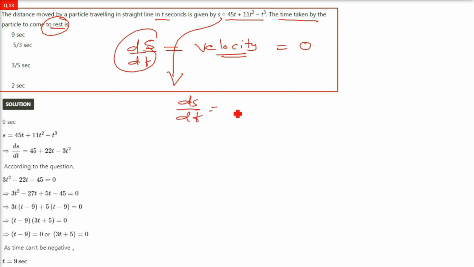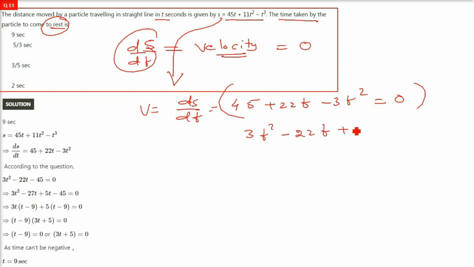So ds by dt. Let us differentiate. 45, it is 2 into 11, 22t. This is minus 3t square. So this is ds by dt, and it is going to be velocity equal to 0. The time taken by the particle to come to rest, velocity is 0. So we'll just multiply negative on either side so that we get a proper quadratic equation. So 3t square minus 22t minus 45. We have 45 as 5 nines are 45, we have 3, so 9 threes are 27, and 5.